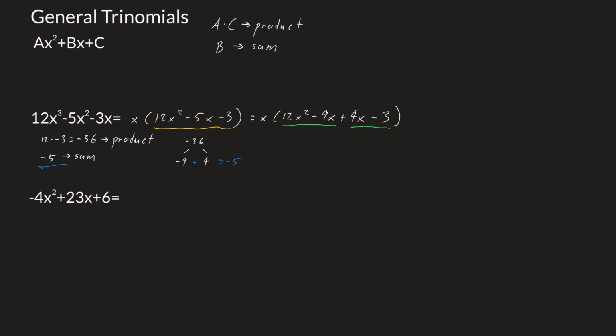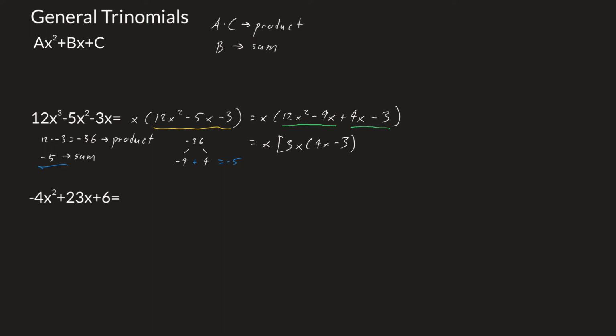So let's do that. We're using everything under the tool belt now to factor. So the first two terms, 12x squared minus 9x, I could factor out a 3 as the coefficient, and I could factor out an x. So I'm left with a 4x minus 3.